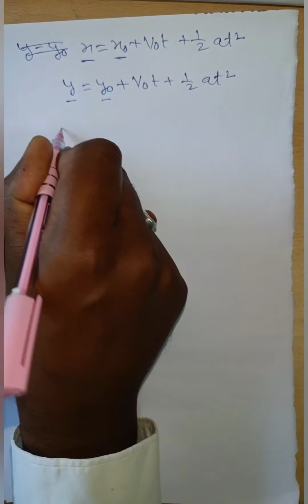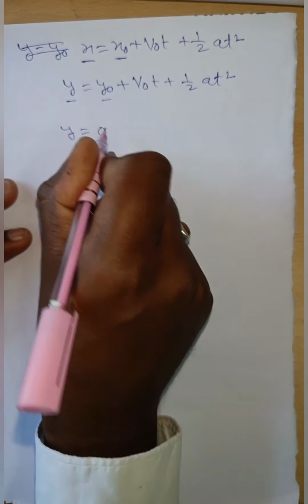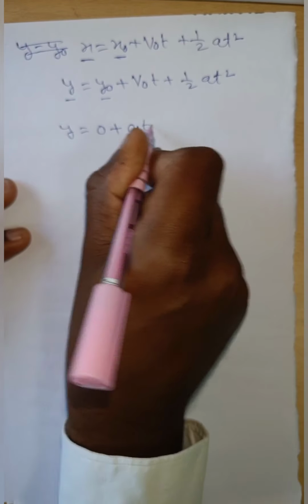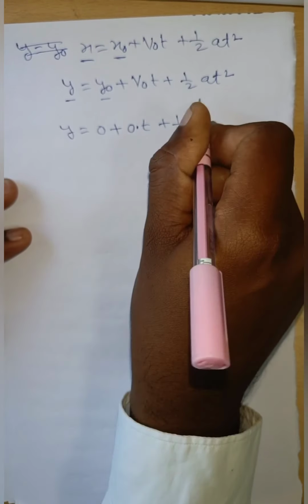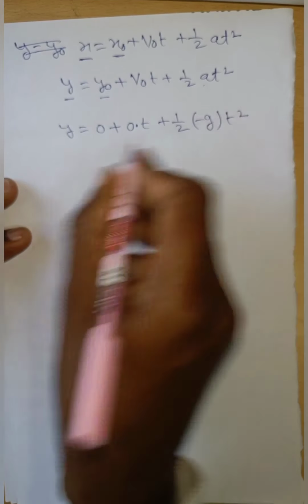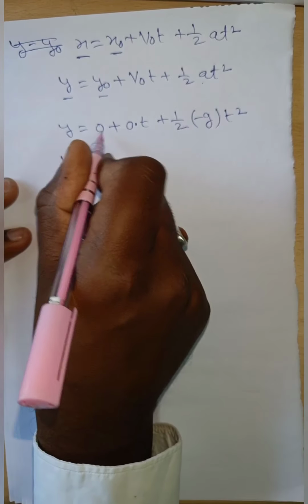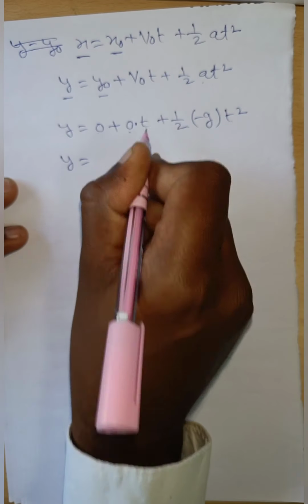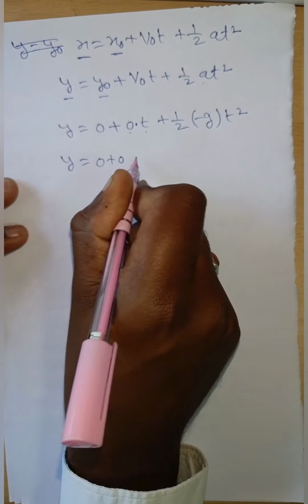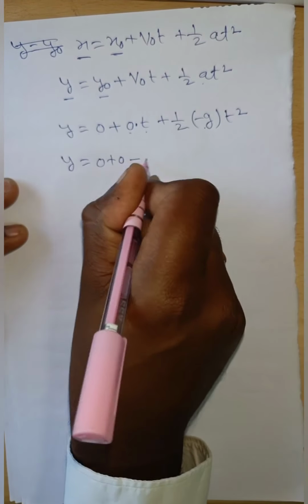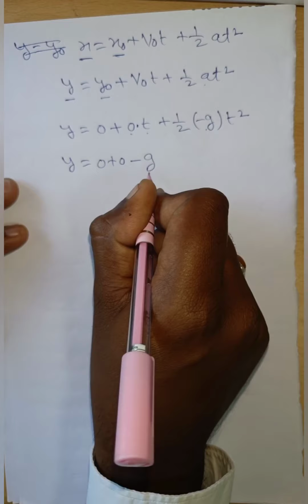Now we have to put in the values. Therefore y is equal to y naught, 0, plus v naught, 0, into t, plus half a, where a is minus g, into t square. Therefore y is equal to 0 plus 0, then minus g into half into t square, which means minus g by 2 into t square.